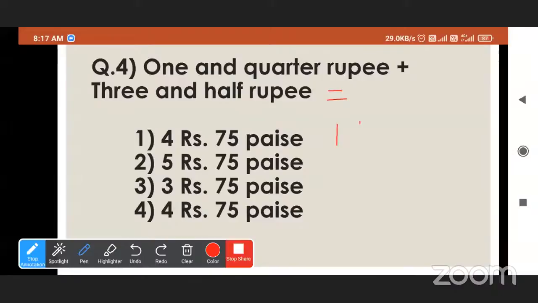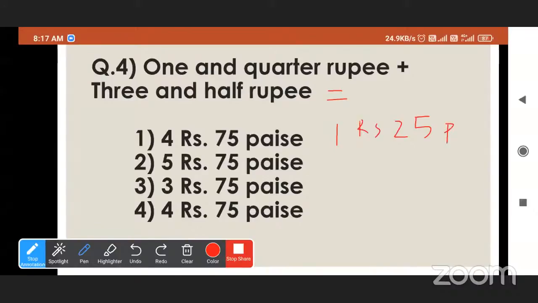Yes, 1 rupee. 15 paise or 25? 25. In the time section, if it is quarter, then it is 15 minutes. Quarter hour means 15 minutes. But in rupees, if it is given quarter rupee, it means 25 paise.